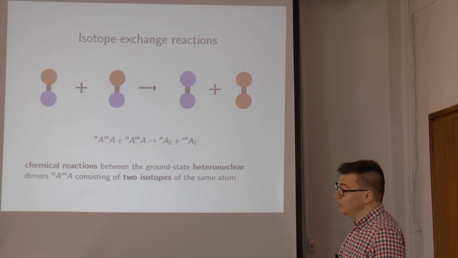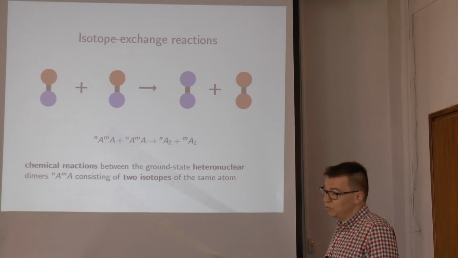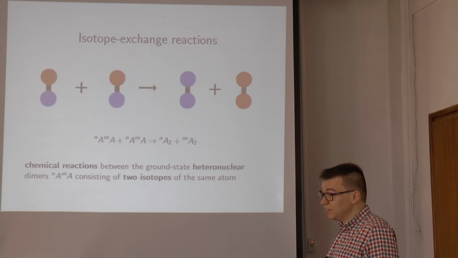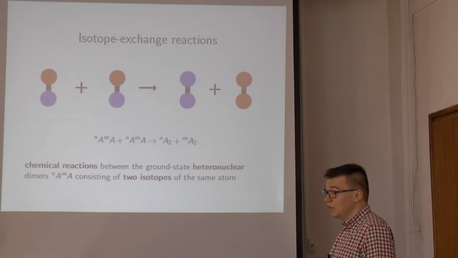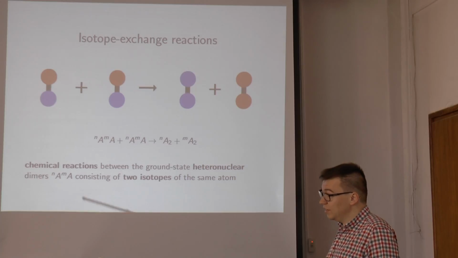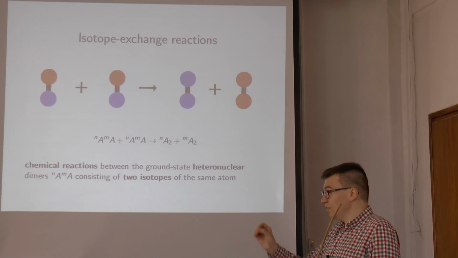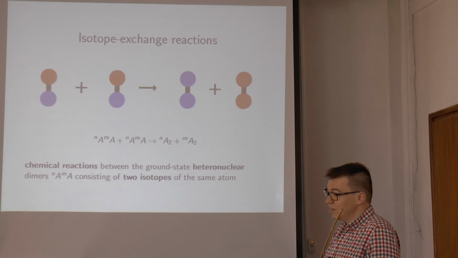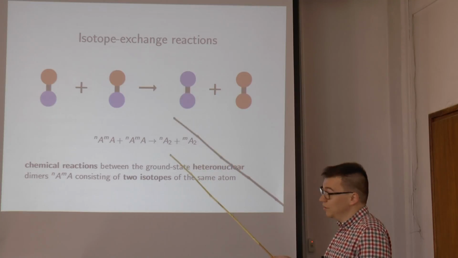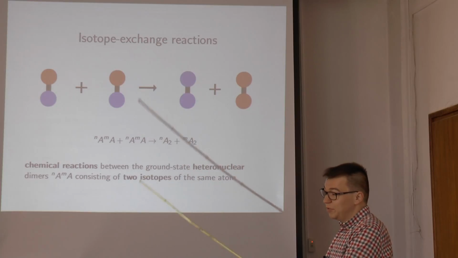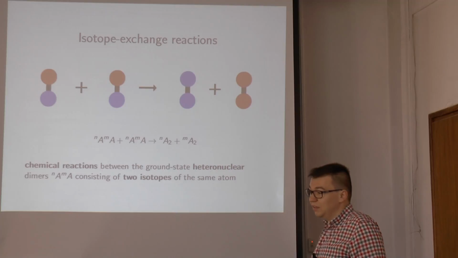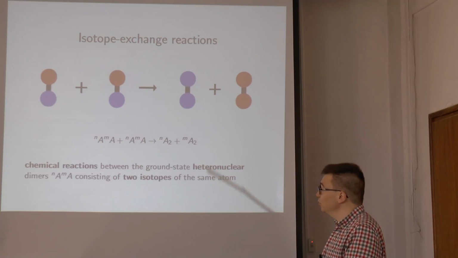It does not happen spontaneously, so you have to apply some kind of formation scheme. When you apply the magnetic field at the right value, and then the proper laser fields, you can selectively produce only heteronuclear molecules, because the homoatomic pairs will not feel, for example, the laser fields that are used to transfer.